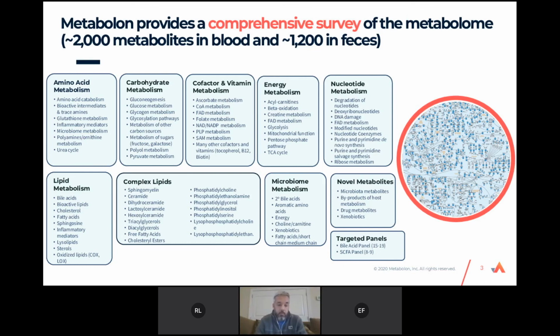But as I hope to convey during this talk, opening the aperture as far as possible and looking at not just microbially derived metabolites, but metabolites of the host is really the best way to get the fullest picture. So this is a look at all the major superpathways and subpathways of biochemistry in a living organism. And these are all the pathways that Metabolon's global untargeted platform surveys: amino acids, carbohydrates and energetics, nucleotides, lipids, as well as those microbiome specific metabolites.